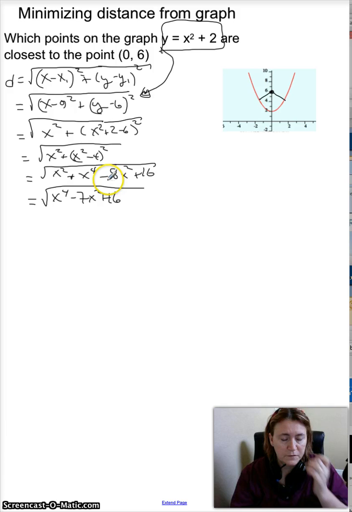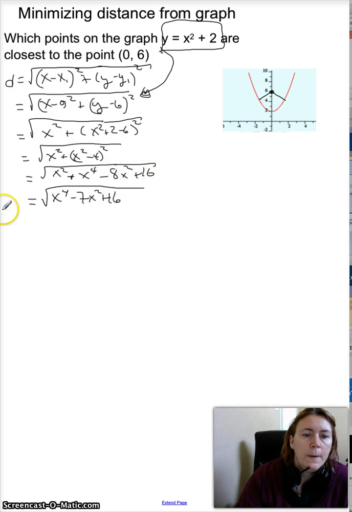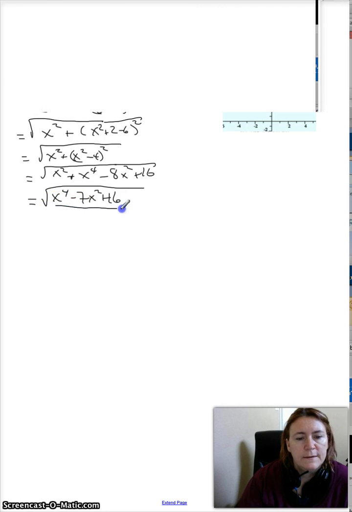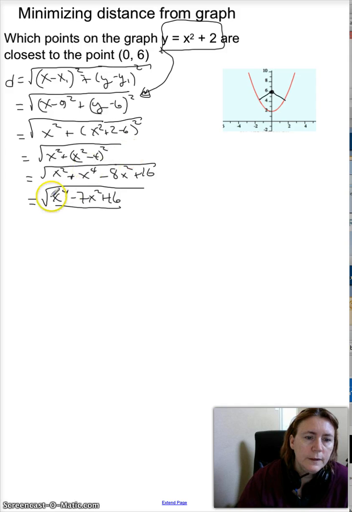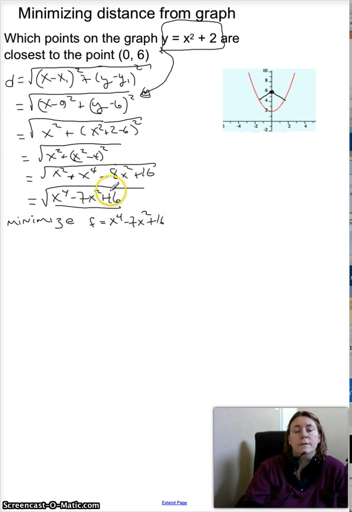Now, good news and bad news for you. The good news is in order to minimize this distance, all you really need to do is minimize the inside function. So I want to minimize the function x to the 4th minus 7x squared plus 16, and that will give me the minimum distance.